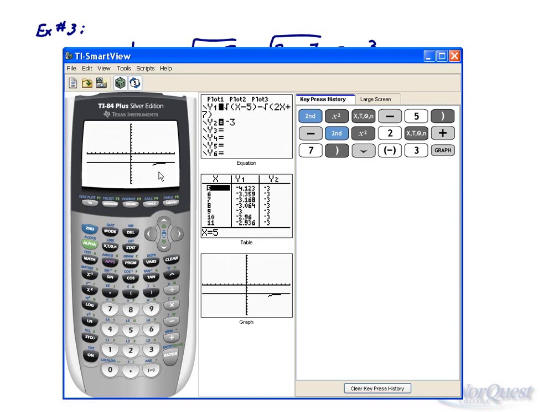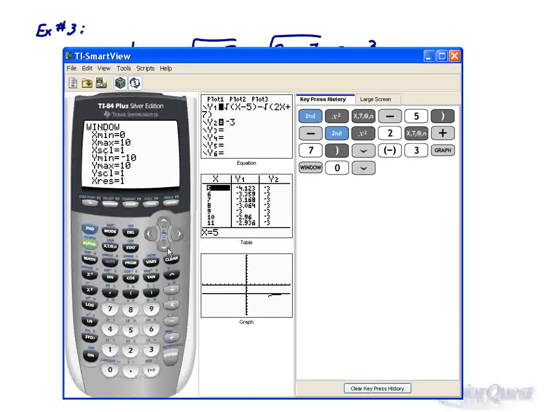It looks like the graph was starting at the bottom left or bottom right corner, and then I could see my horizontal line, y equals negative 3. So I want to get a better picture of this. I'm going to get rid of all that dead space in the top and left, and I'm going to adjust my window. I'm going to start at x equals 0 and go to, say, 25 and go up by 5s.